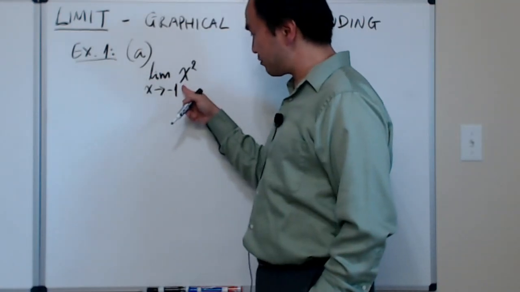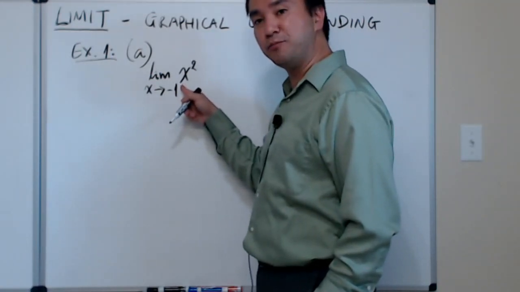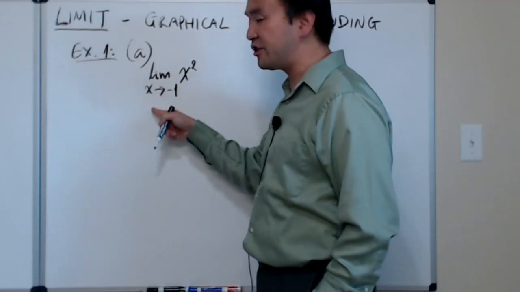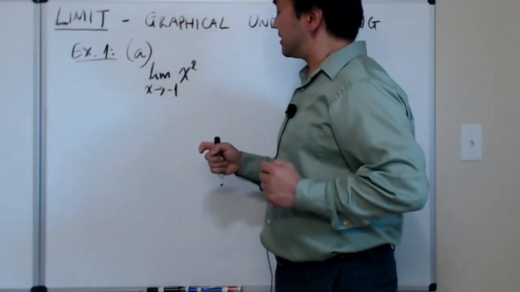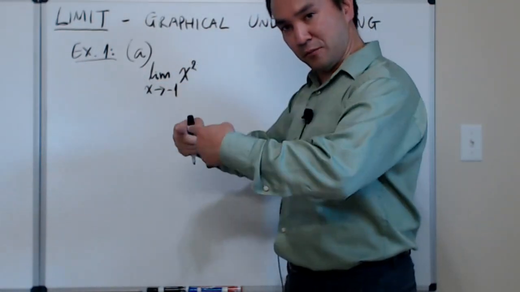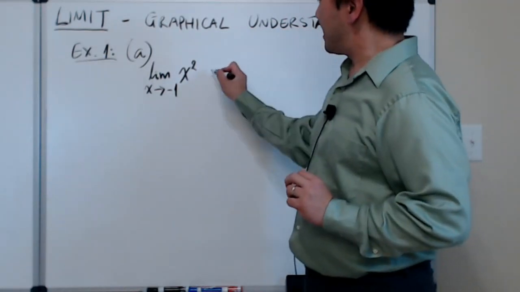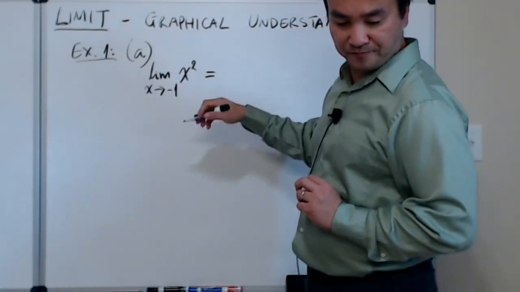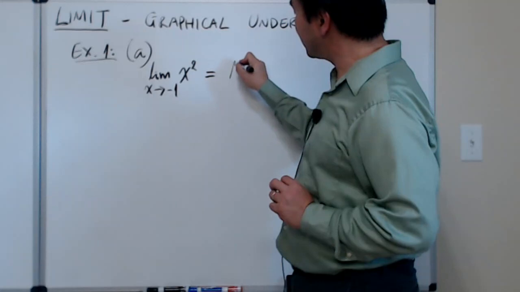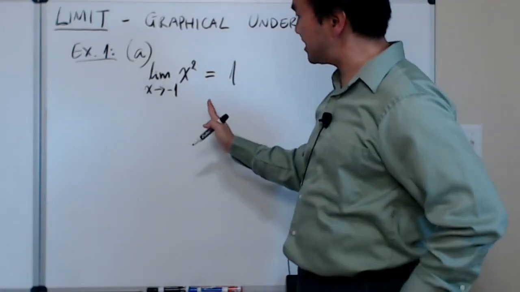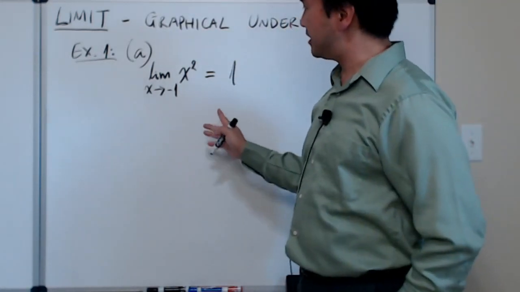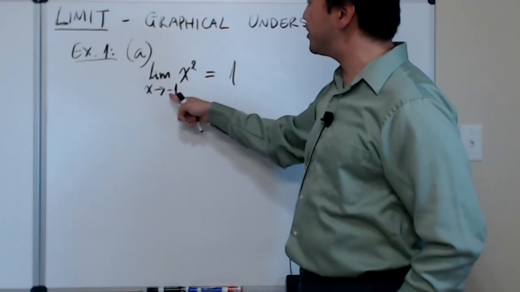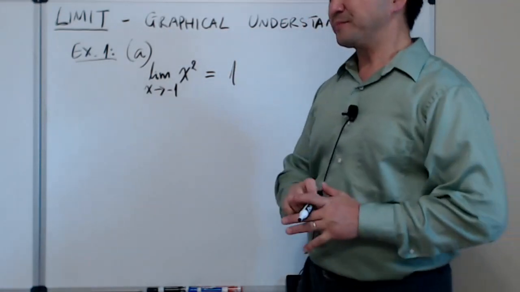And notice the problem did not indicate any superscript. So this is a general two-sided approach, getting close to -1 from both sides. And so our answer was +1. But now let's see how the graph of this x squared function agrees with this limit problem.